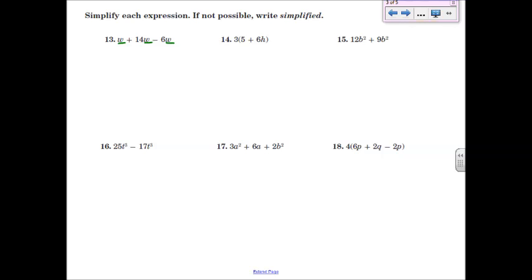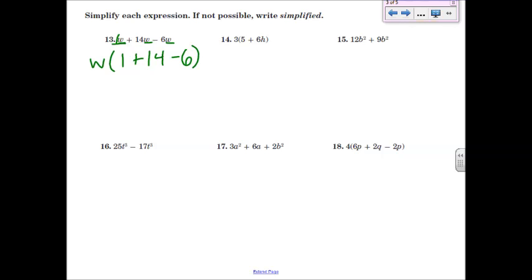And what happens with that is if I do the distributive property backwards, I can pull that W out and put the rest of the stuff in parentheses. Now in this first one where it just says W, remember that there's an implied 1 there. There's one W. So when I take the W out, I have 1 plus 14 minus 6.